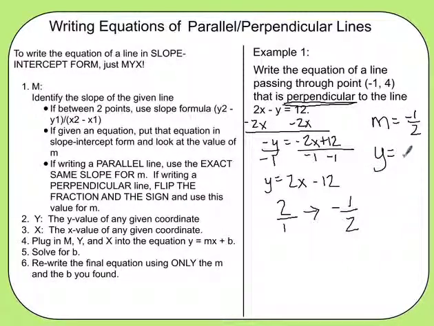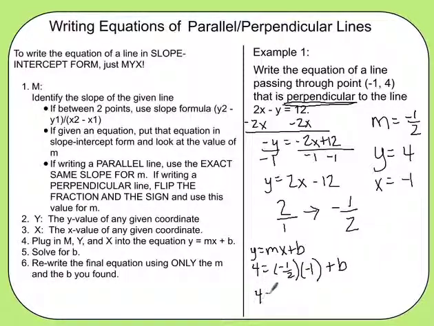Now I can finish identifying y and x. Just use the given coordinate. Substitute into y equals mx plus b. So 4 equals negative 1/2 times negative 1, plus b. Negative 1/2 times negative 1 is positive 1/2.